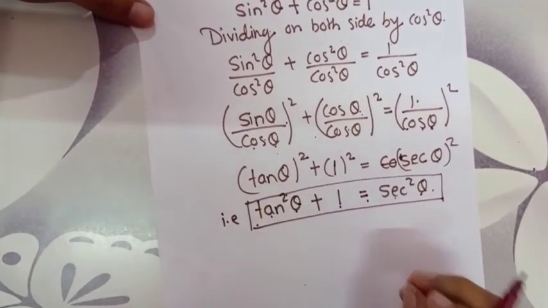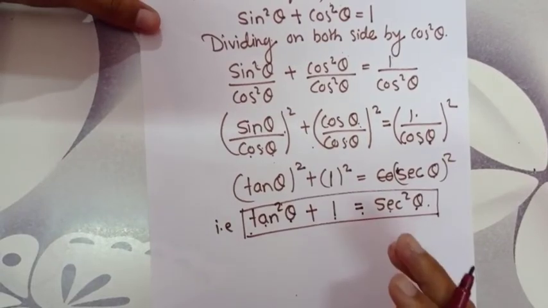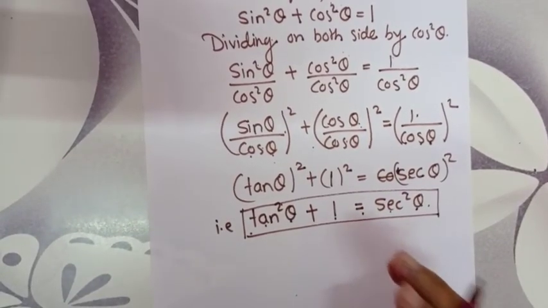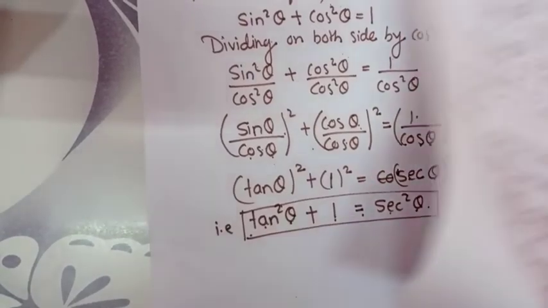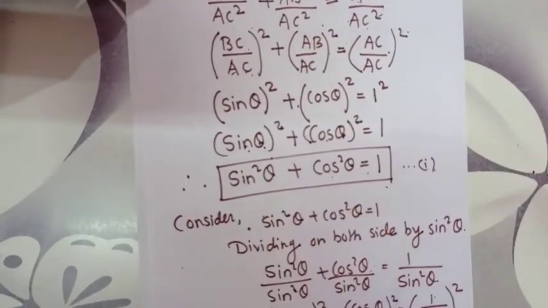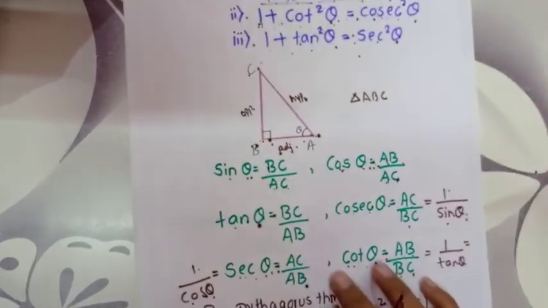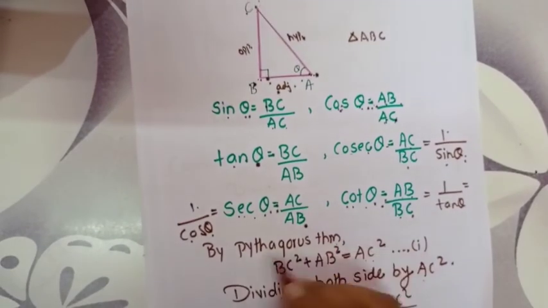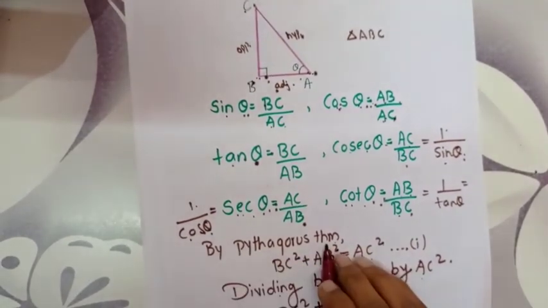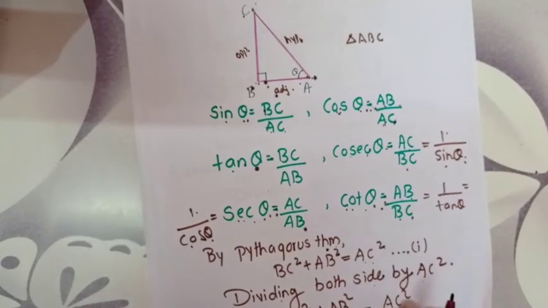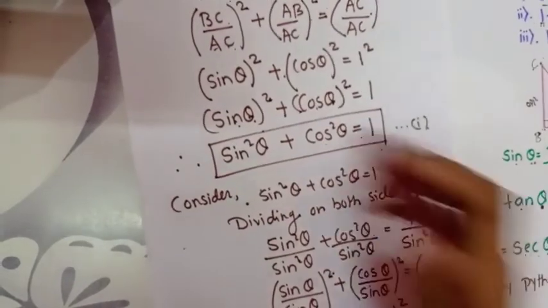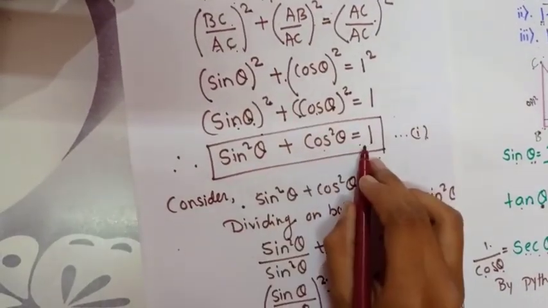In this way we have to prove these three fundamental trigonometric identities. First of all, for proving the first identity, we have to take the Pythagoras theorem, then divide on both sides by the hypotenuse, and on simplification we will get this equation.